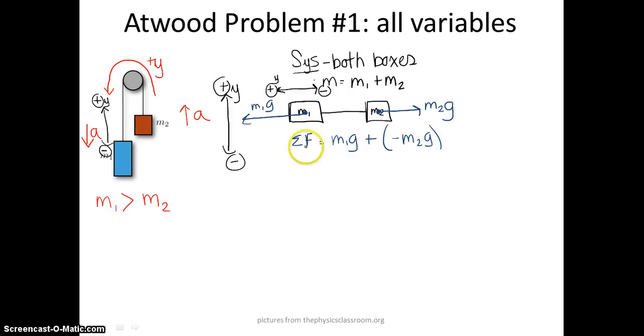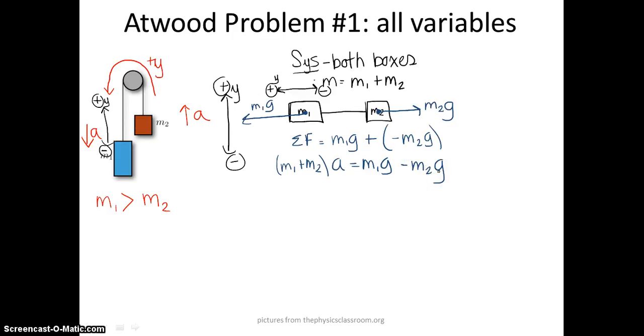Now, instead of net force, I can sub in mass times acceleration. The mass of this system, remember, is M1 plus M2. So M1 plus M2 times acceleration equals M1G plus a negative M2G, which is really like minus, so I better make this minus M2G.